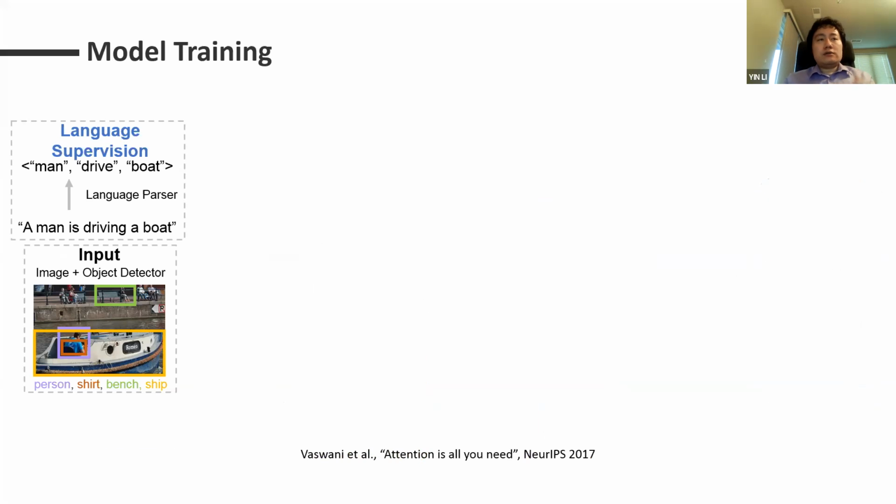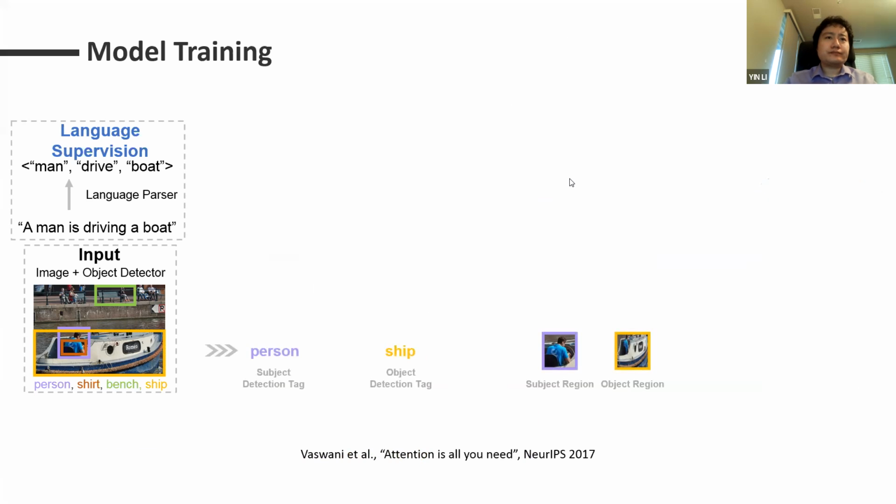So a bit more detail on the training side of the model, and also on the model design to some extent. Here we get a pair of image regions. Recall that these are from the object detector, so not only do we have these region features, we also have object tags associated with these regions. Here we have person, which is the tag of this region.